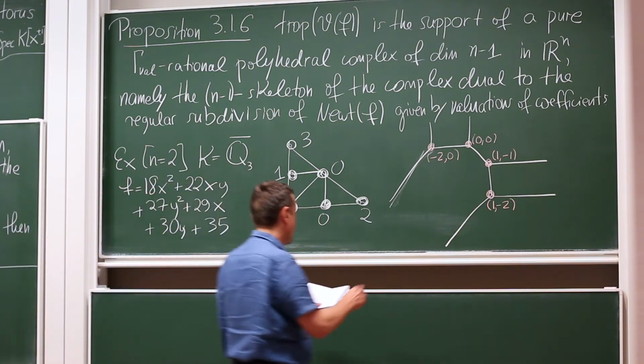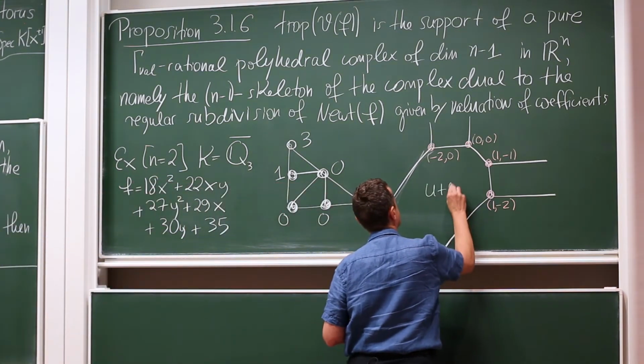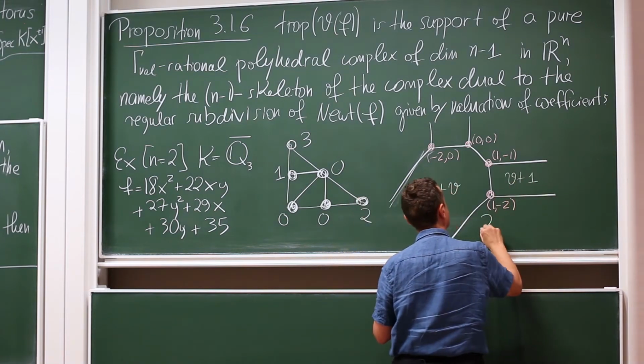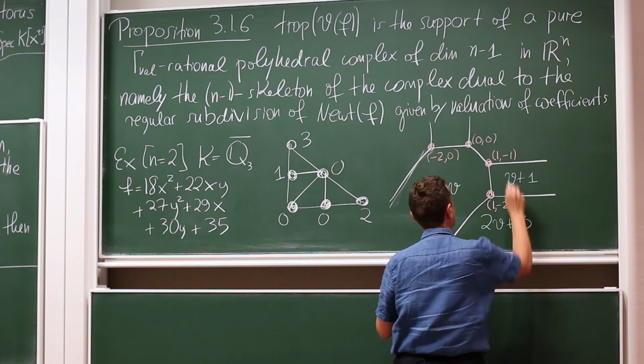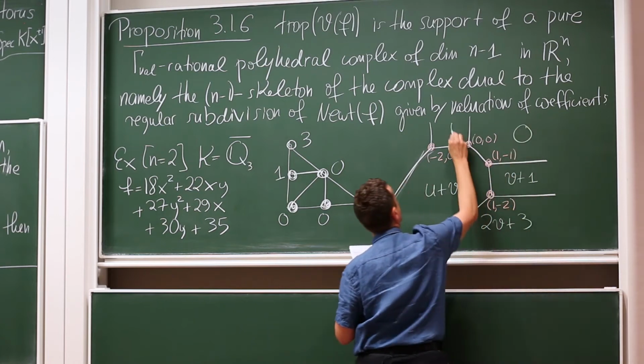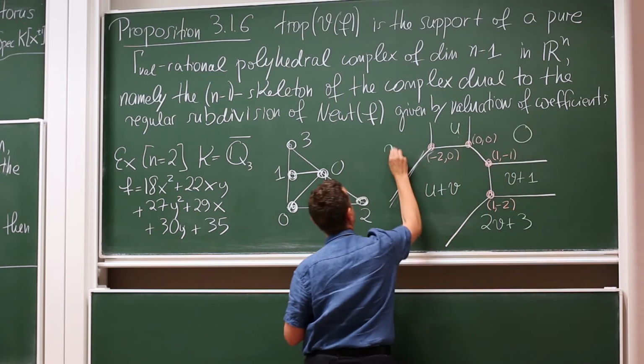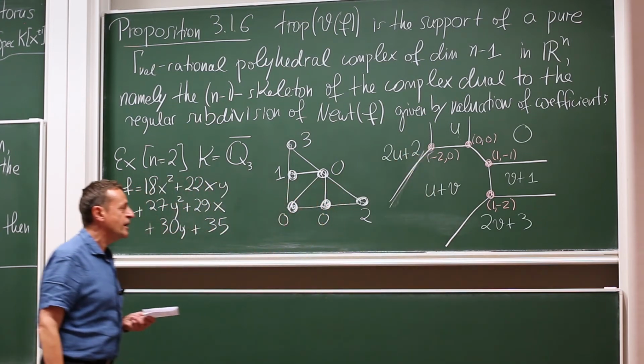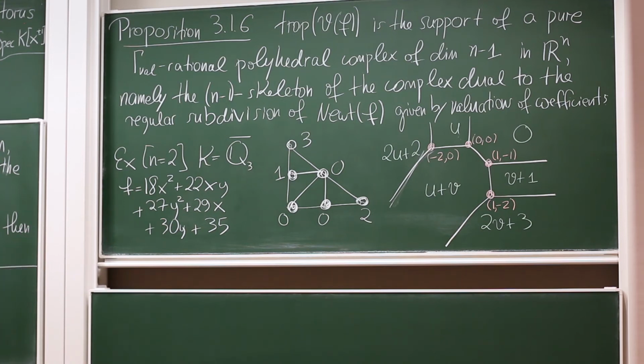So I'm going to write these in the respective cells. So u plus v goes here, v plus 1, 2v plus 3, 0, u, 2u plus 2. So these green linear expressions in u and v are the tropicalization of these monomials, right?